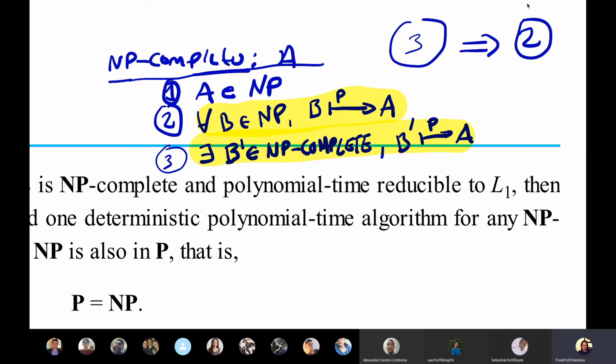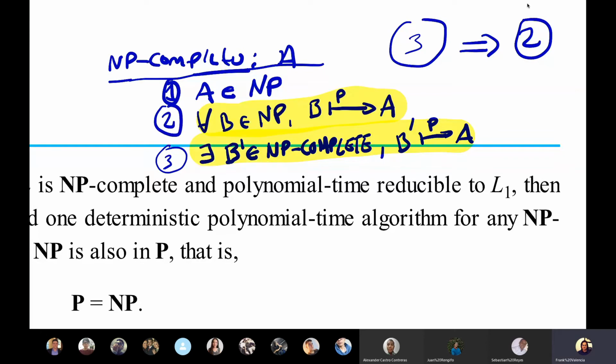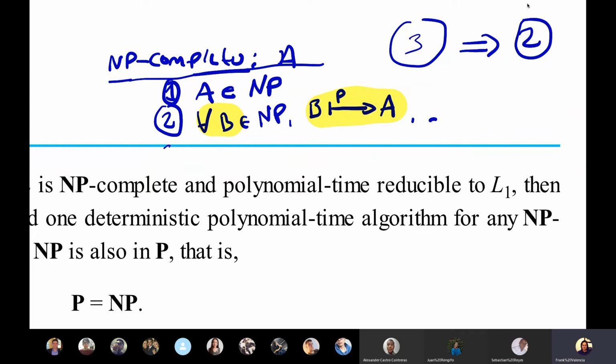Okay, but what I'm saying is that this is an easy consequence of the definition. I mean that if you have these two things, then you have these two things.